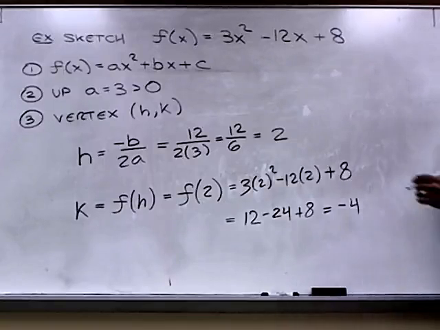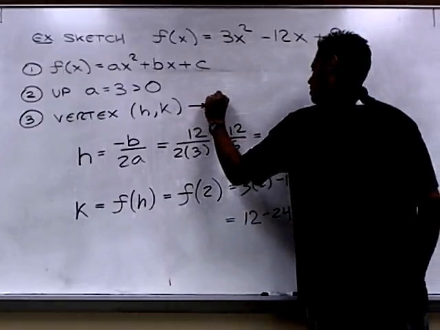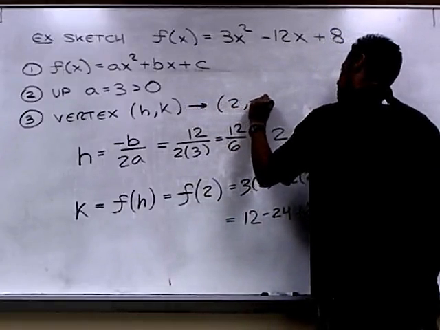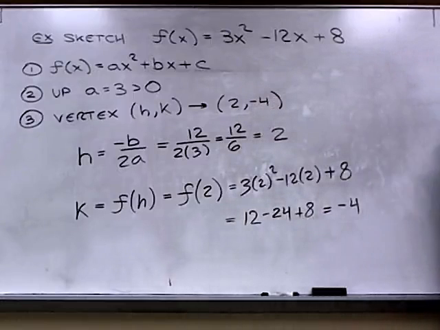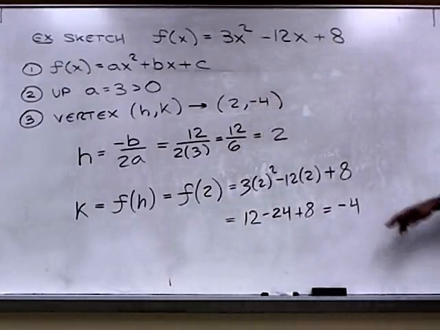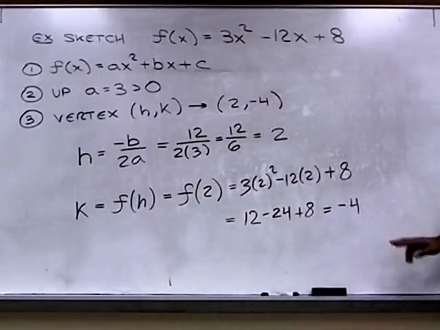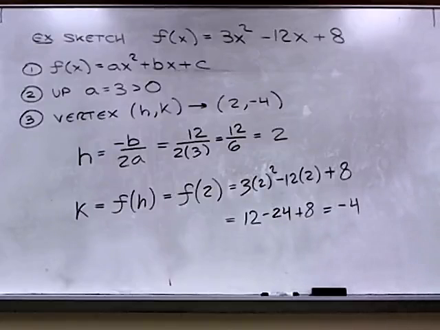So what is our vertex? It is the point 2, negative 4. You happy with that? The h is 2, the k is negative 4. Now what is our fourth step? A quick little sketch to see what's going on, right?